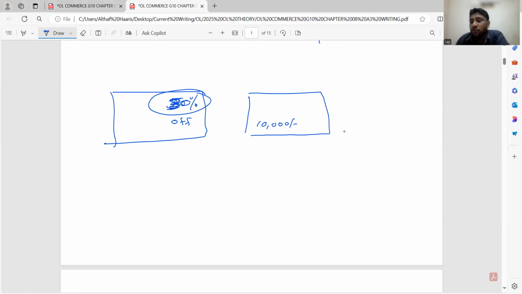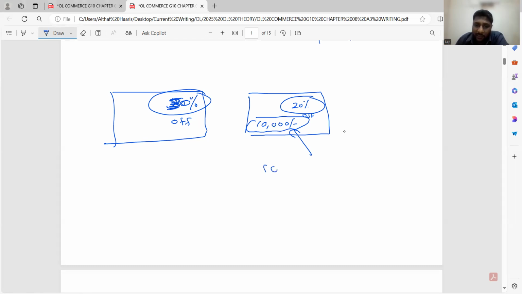We'll assume a shoe, maybe an Adidas shoe, 10,000. I'm just saying, and they have displayed a tag of 20% off here. Then you know, okay, I'm not required to pay 10,000. From this 10,000, I will get a reduction of 20%.